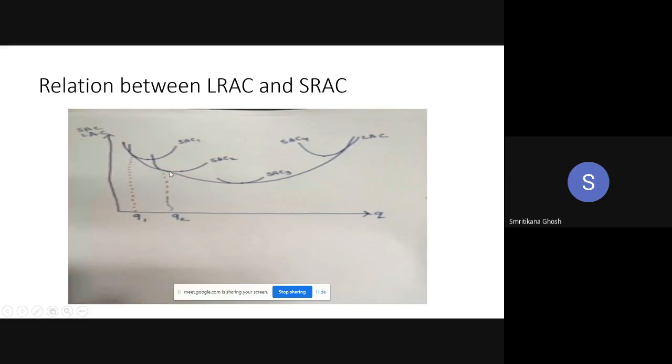The minimum of SAC4 is here, but it is tangent with LAC at some other point. Do you get my point? So don't try to draw all SACs tangent at their respective minimum points. The minimum is somewhere else. They are just tangent to LAC.